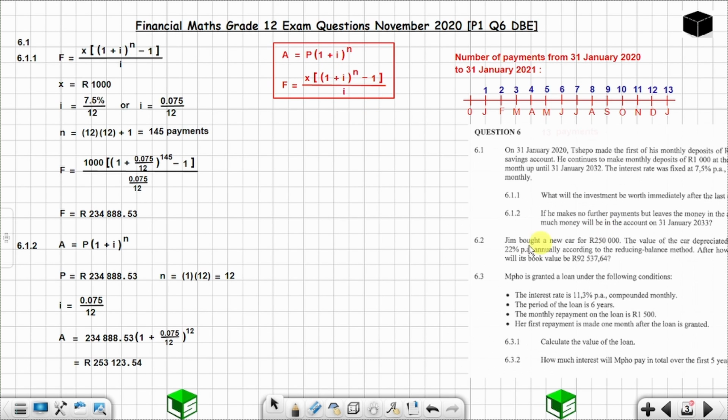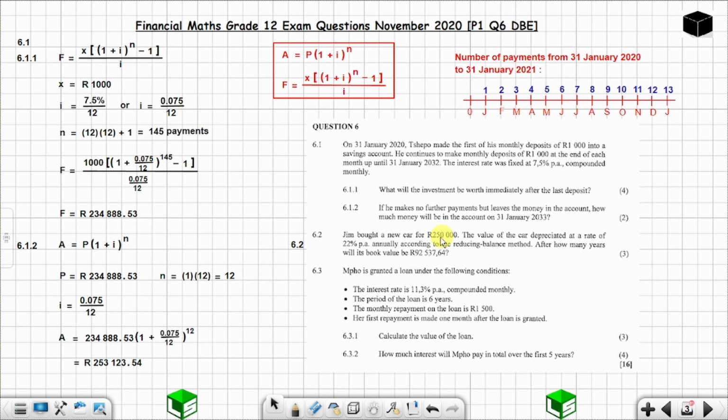So 6.2, you are going to use this formula, but with minus instead of plus, because the value is depreciating. You can see from this to this.